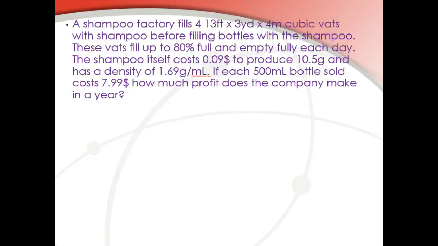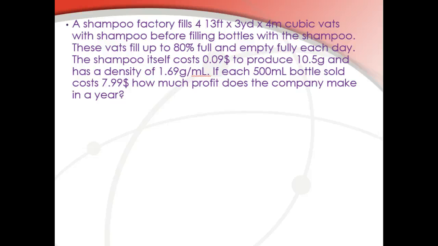Okay, in the first part, we've got 4 vats, we've got dimensions for vats, and we've got 80% full per day. So I can figure out volume per day, and I know that since I've got the density, I can get grams per day. And if I get mass per day, I've got a conversion factor, 10.5.